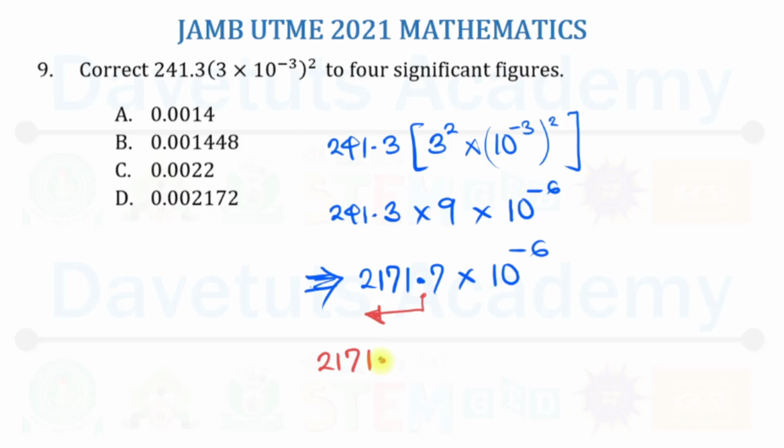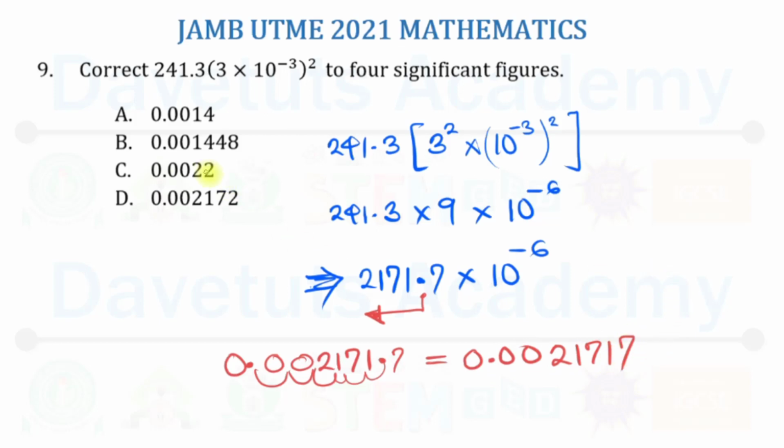So this point I have 1, 2, 3, 4. I need to bring a 0, 5, another 0, 6. So it's going to be 0.002171, but I still have my 7 there. So this is 0.0021717.